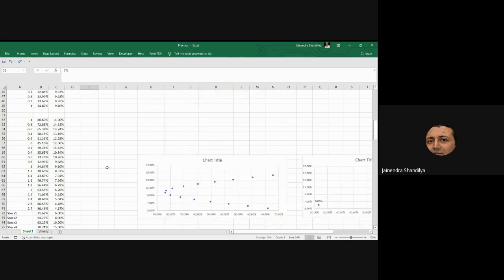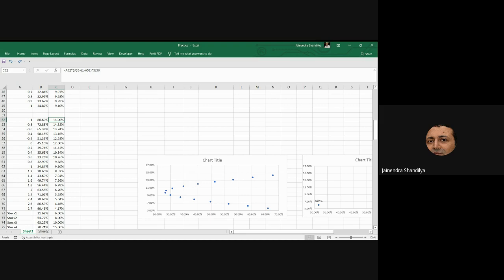What I've done here is, in this case, I've kept going again from -1 up to 2.7. I have gone even further, because I want to draw a bigger graph, and then I have calculated its variance, which is on this, and then the mean return. And again, mean return is very simple.